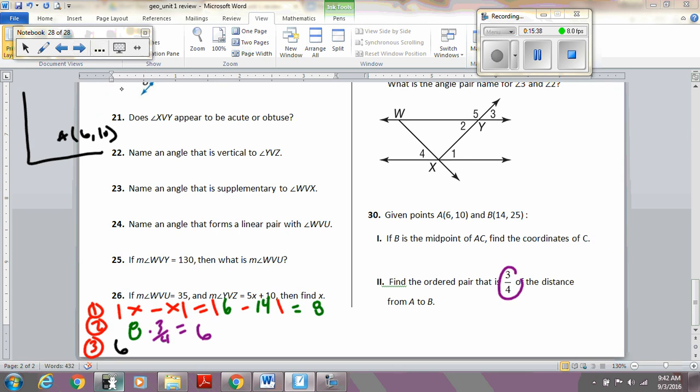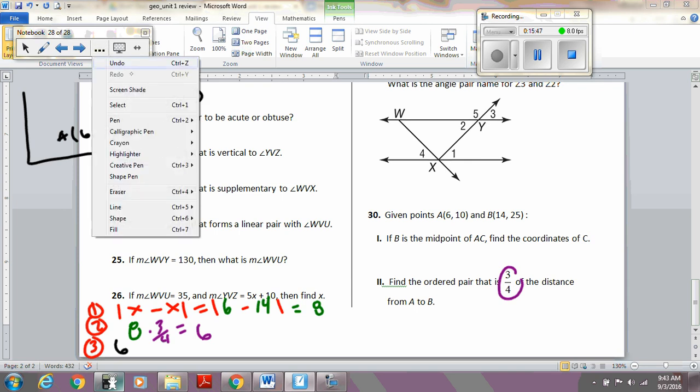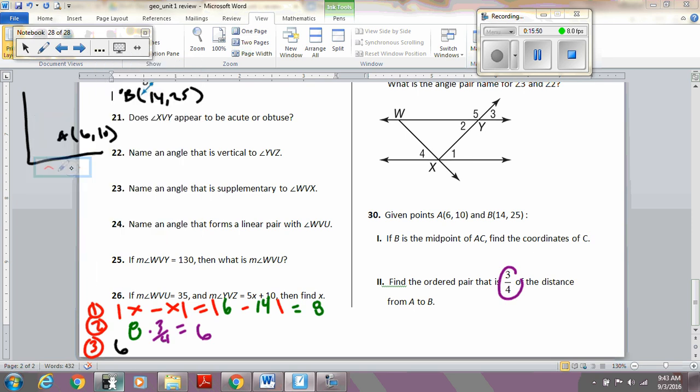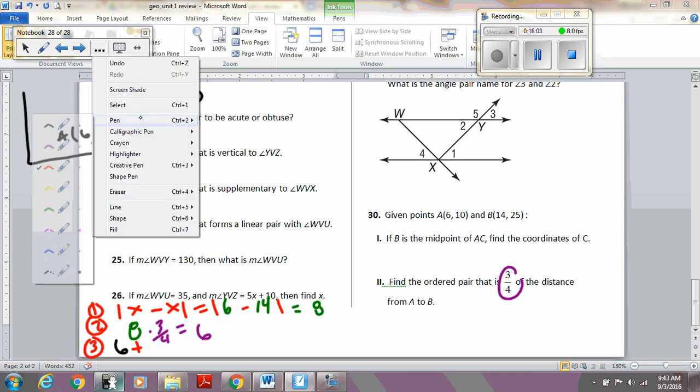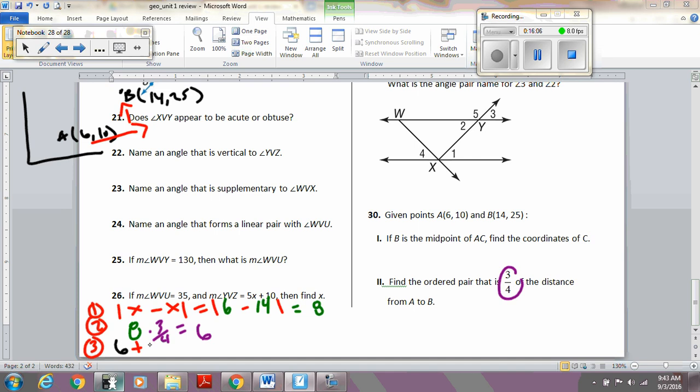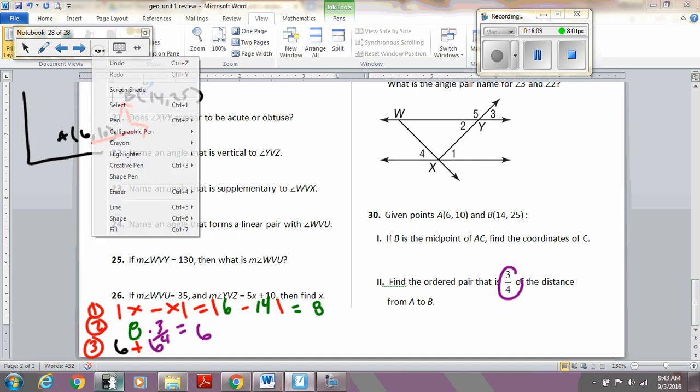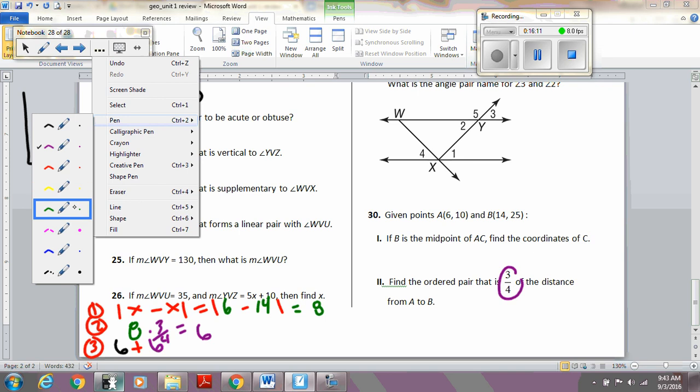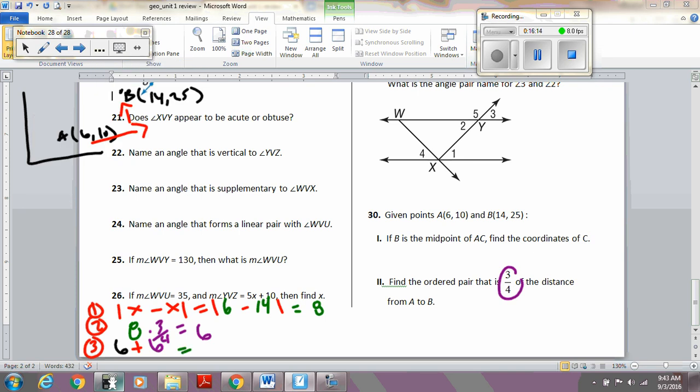So that's a little higher up and to the right. So to move from A to B, you would go right and then up. So since I'm going right, I'm going to add my fractional distance. My fractional distance again is 6. And so 6 plus 6 would give me 12. So my new x value will be 12.